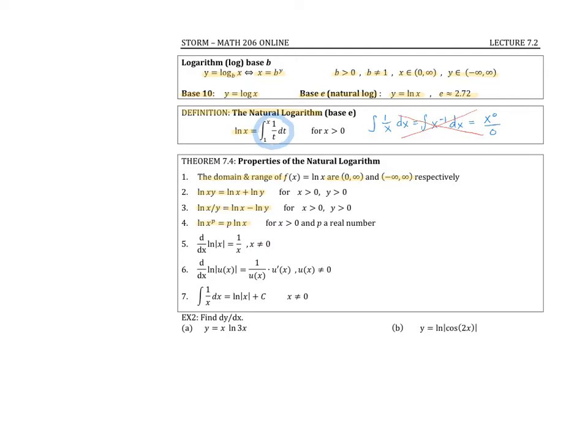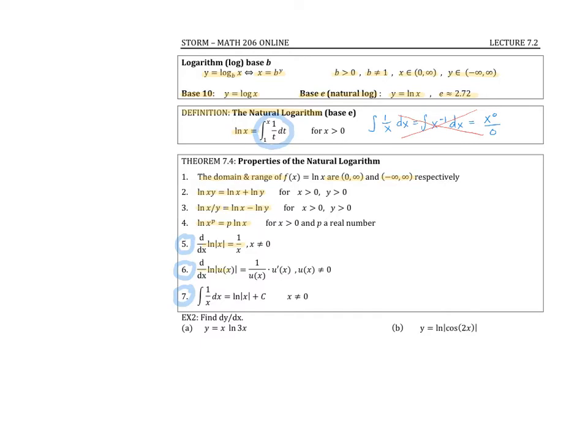So what's new is 5, 6, and 7. Property 5 is the derivative of a natural log. The derivative of the natural log of x is just 1 over the argument. But we can also use the chain rule.